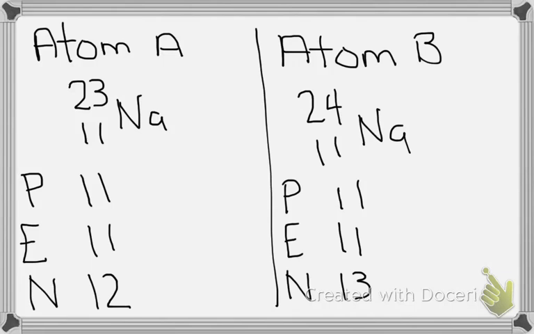And so atom A has an atomic mass of 23, giving us 12 neutrons, and then atom B has 24 for its atomic mass, giving it 13 neutrons. So atom A has 12 neutrons, atom B has 13 neutrons, those are a different number of neutrons, and they have the same number of protons and electrons, indicating that these are isotopes of each other.